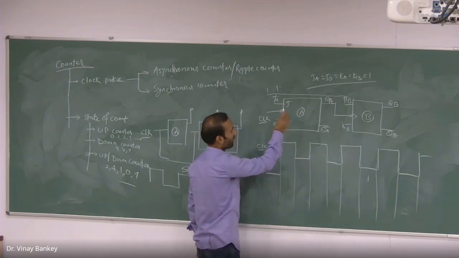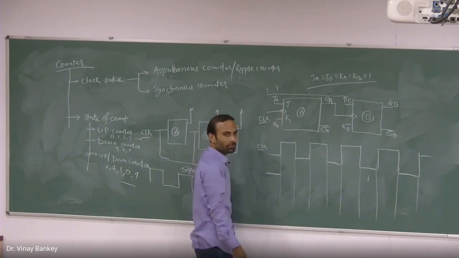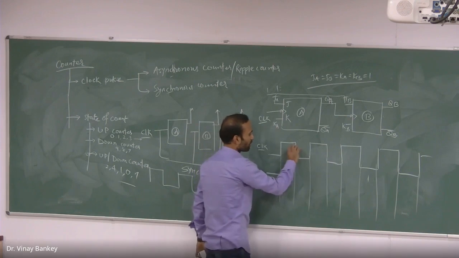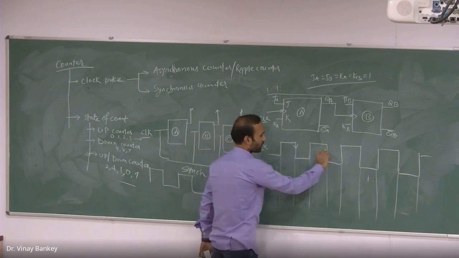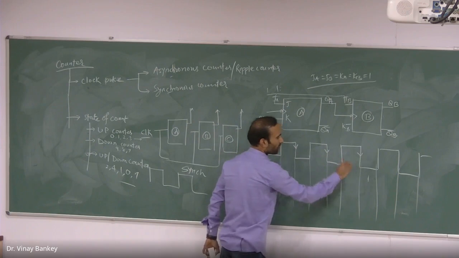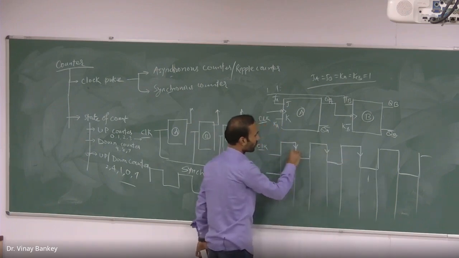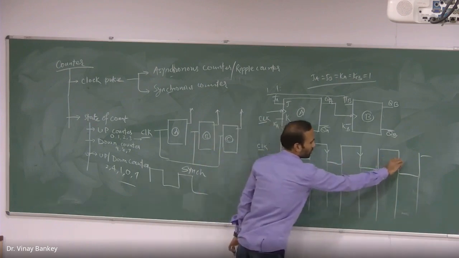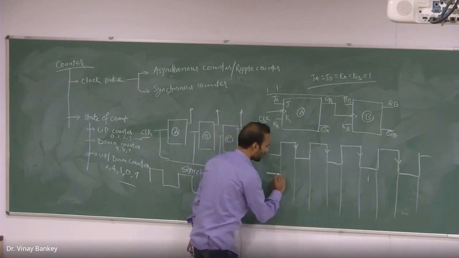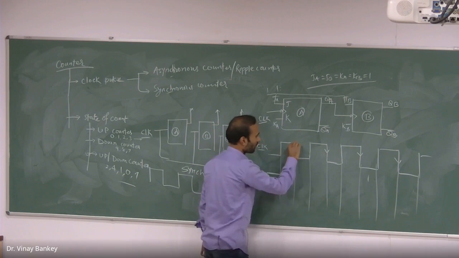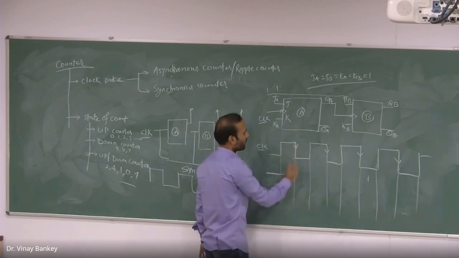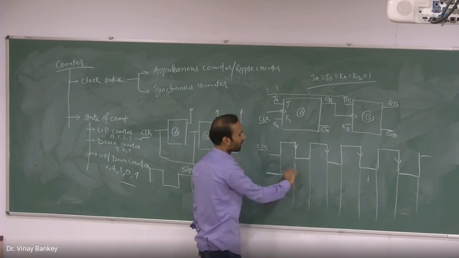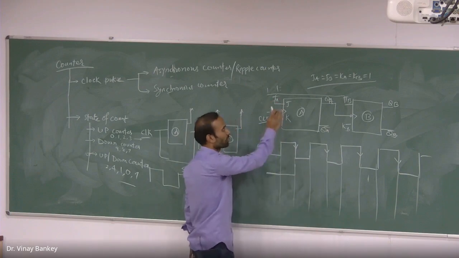As I said, both are negative edge triggered flip-flops. It means they will transit their states when they see a falling edge, from high to low. That is my negative edge. So it was 0, it will remain 0 till this. The moment the first flip-flop A sees a negative edge, it will change its state according to the inputs. Now I have input as 1, 1.